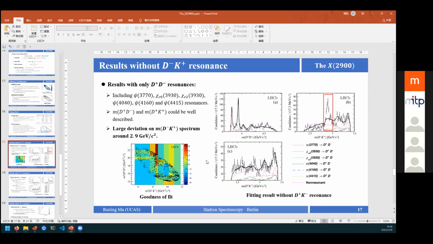It's a bit surprising that psi 3770 is lower than the next one. Well, the data are very clean, and as the speaker commented, acceptances are not necessarily the same.